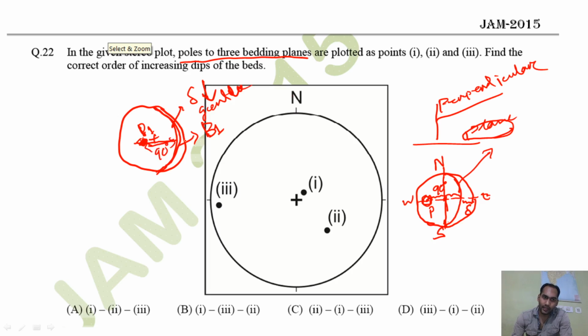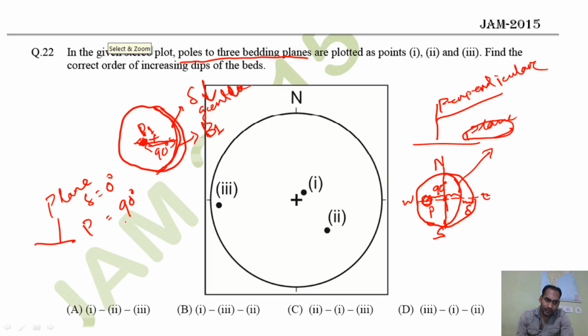If the plane is nearer to the outer circle, the pole will be close to the center. Why? If the plane is having a dip of 0 degree, the pole will be 90 degree. If it is horizontal, the perpendicular will be vertical, right?